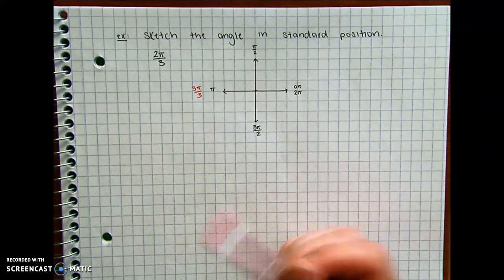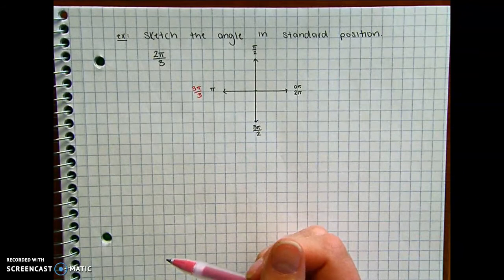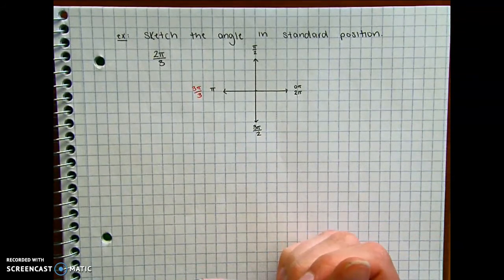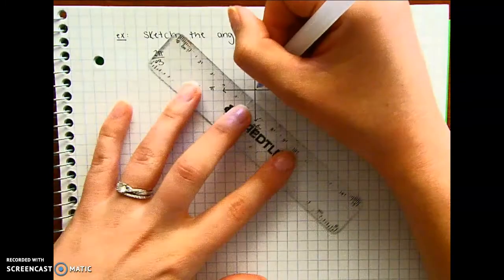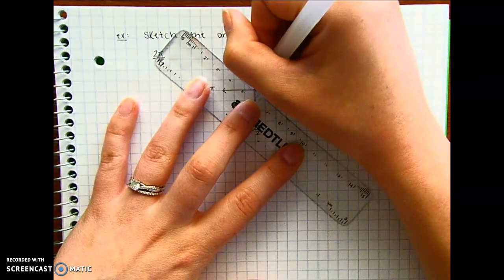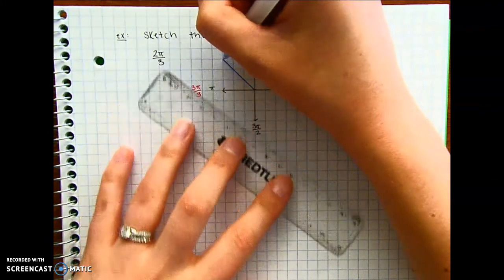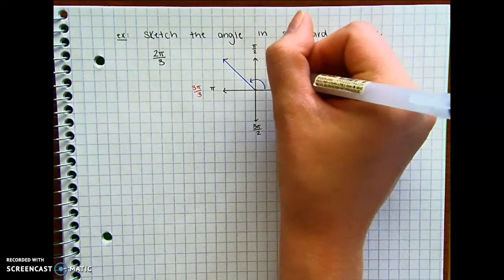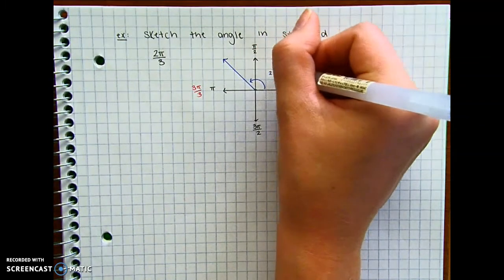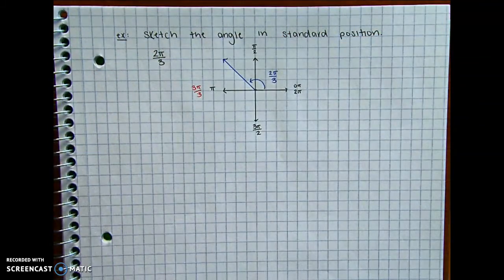You could also try to break it up in 2/3, but 2 pi over 3 is going to be somewhere in here. So I'm going to draw my arrow in the direction and label it 2 pi over 3. And that is sketching in standard position for radians and degrees. And in class, we'll focus more on this as well as conversions.